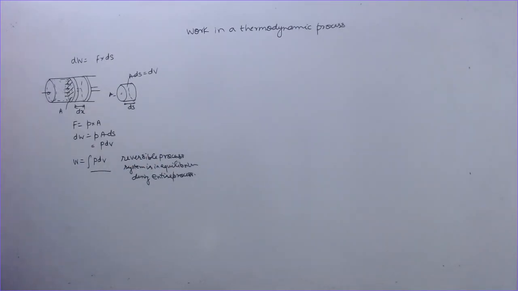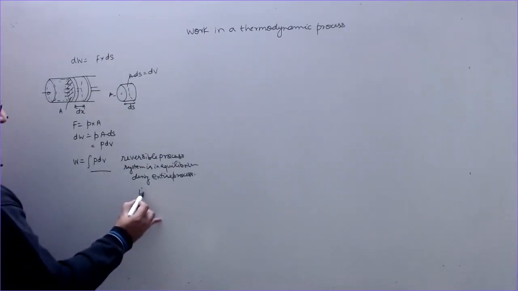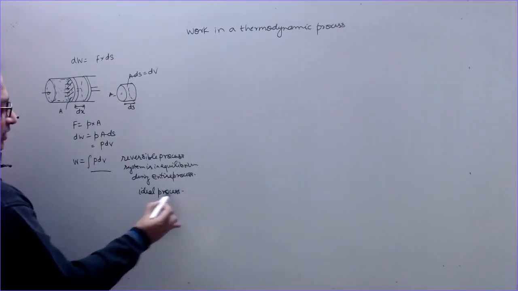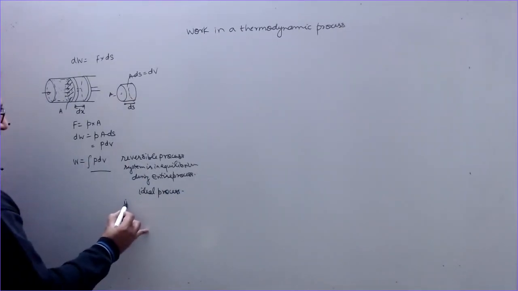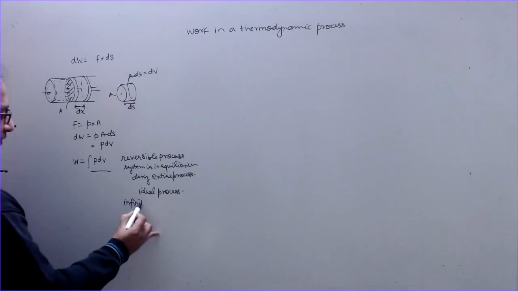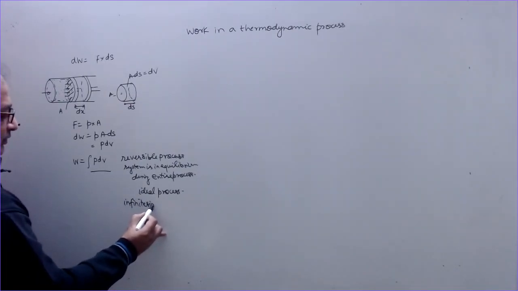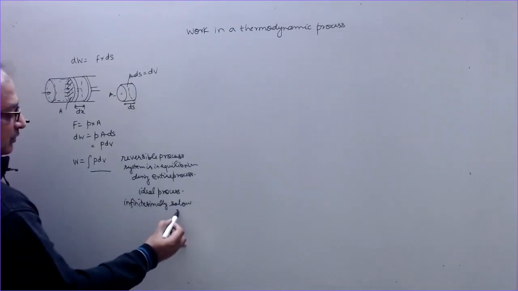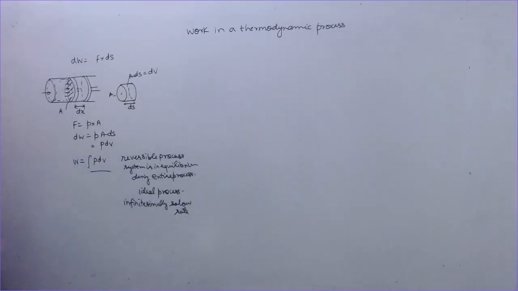This is a reversible process, an ideal process which actually does not occur, at an infinitesimally slow rate. This is how we define a reversible process. And after the process occurs, there is no trace of it remaining when you take the process from the end point to the starting point again.